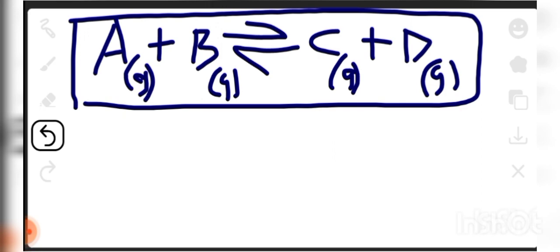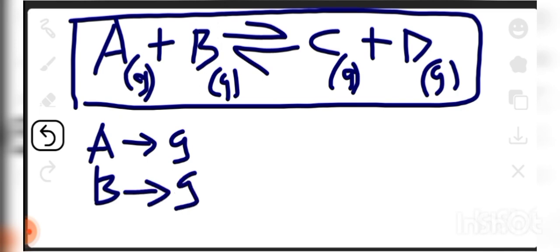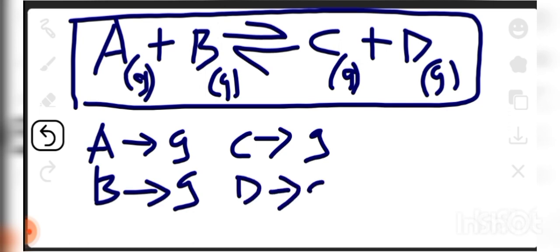Why is it a homogeneous reaction? Because all the reacting species, if you check, A is in gaseous state, B is in gaseous state, C is in gaseous state, and D is also in gaseous state. It's not only when all of them are gaseous. When everything is in the same phase, either all of them will be in gaseous state or all of them will be in solid state.